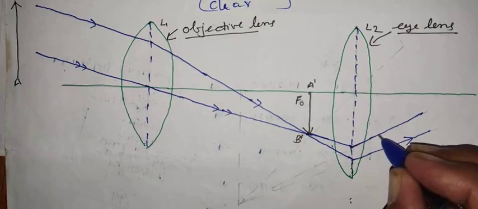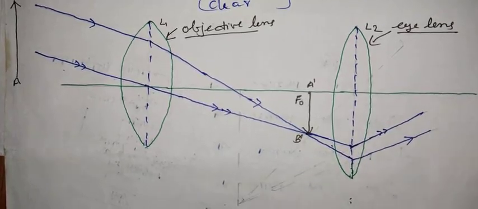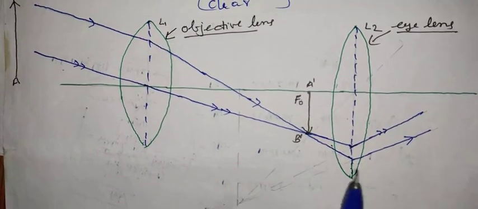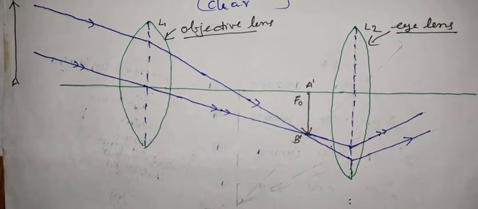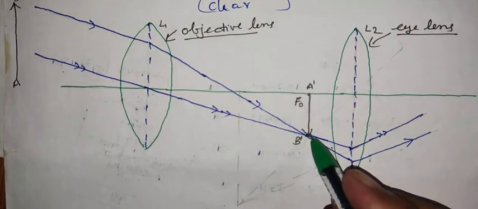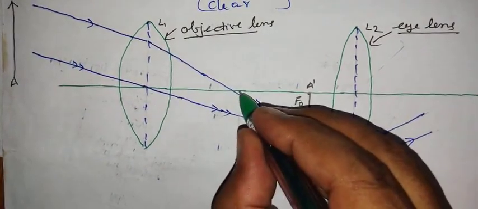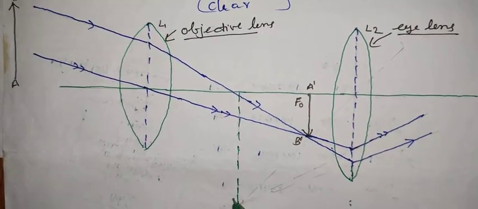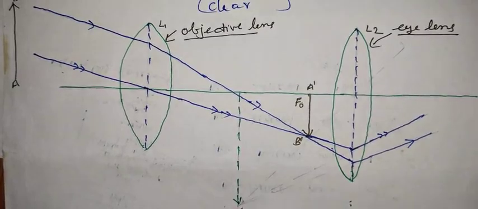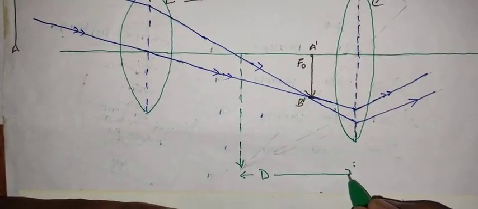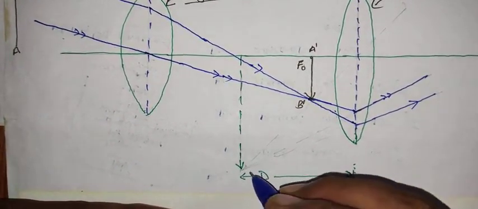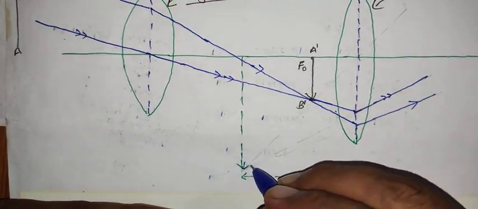The second ray passes through the optical center, and goes in this direction. Now see, the position of the lens L2 is set in such a way that the virtual image of A dash B dash is formed at the least distance of distinct vision, capital D, from the lens.